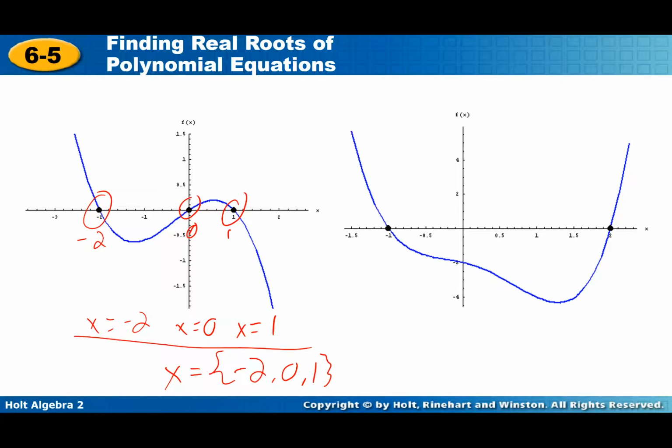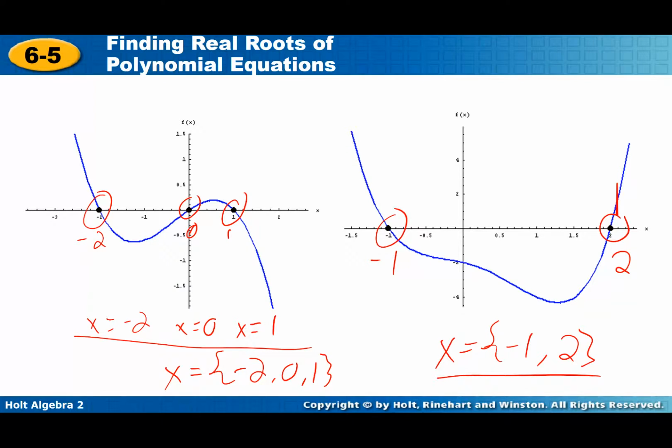So let's do the same thing with the other graph. It has 2 x-intercepts, as you can see: one here at -1 and one here at +2. So its solutions are x equals {-1, 2}. I wrote it in the brackets again to get you a little more familiar with it.